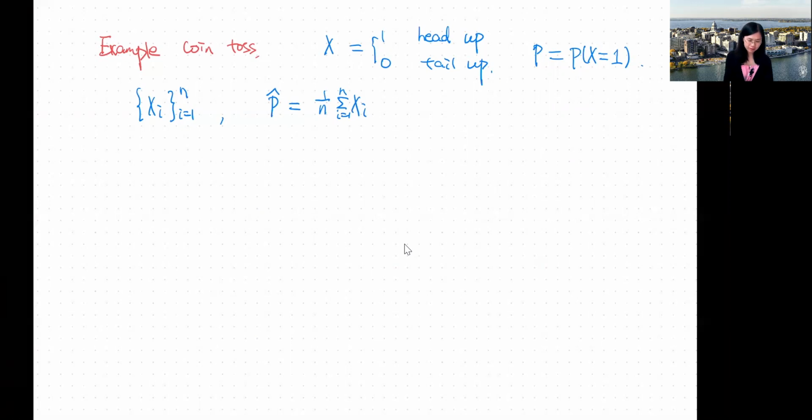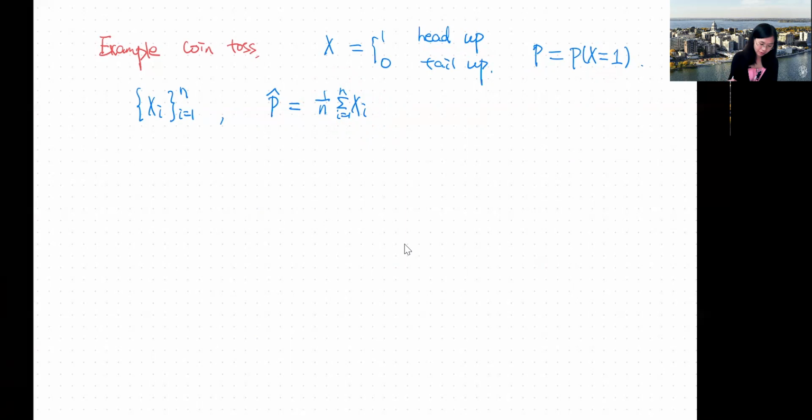Intuitively, when you toss the coin many times, like thousands or millions of times, the sample frequency of observing heads will be very close to the probability that X equals 1. So if the coin is fair, the sample frequency will be close to a half, very close to a half.